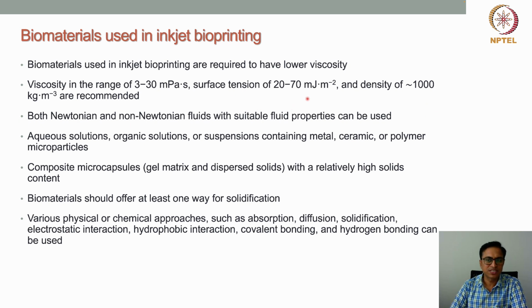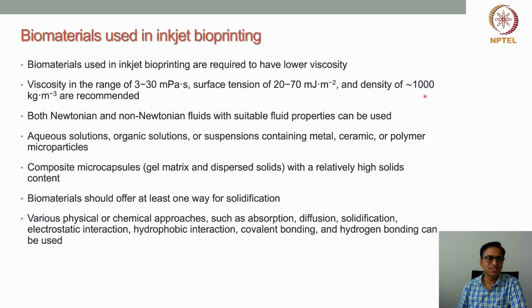Similarly, surface tension is also a very important process parameter for inkjet bioprinting technology, and the surface tension for this biomaterial formulation should be between 20 to 70 millijoule per meter square. And the density of the material should be around 1000 kg per meter square.